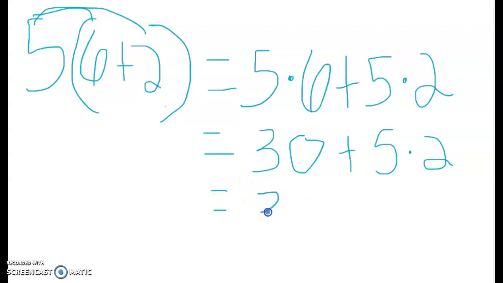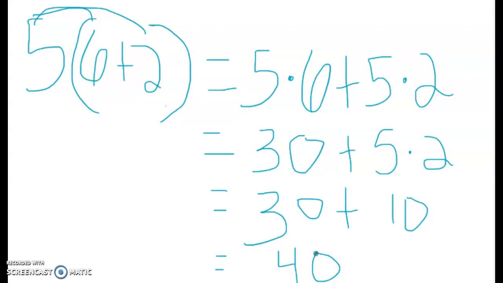Bring our 30 down and don't do anything with our 30. Plus, 5 times 2 is 10. Now we can solve our problem: 30 plus 10 is 40. Good work.